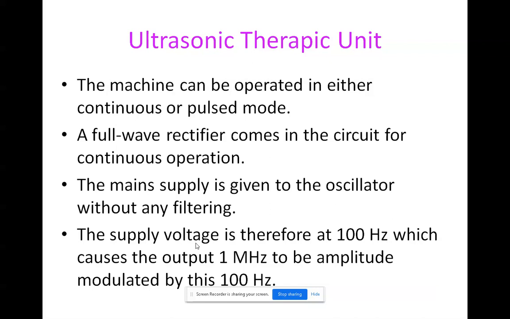So after that only you will be applying the DC voltage to the oscillator, okay. So that will be having a frequency range of 100 hertz, okay. So the 100 hertz input will be given to the oscillator, but it will be producing 1 megahertz output, okay.